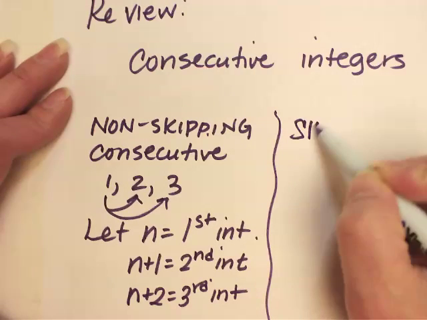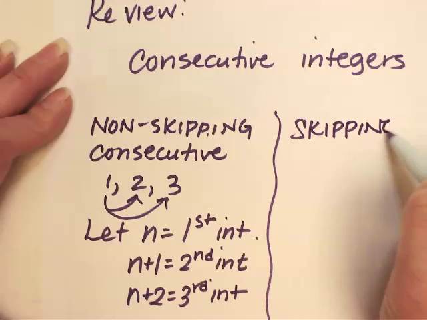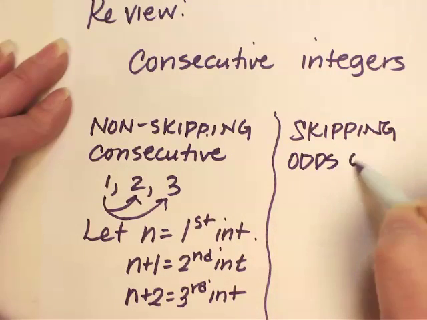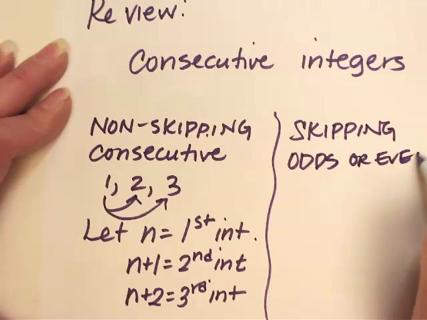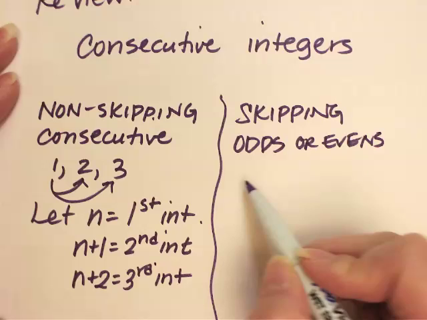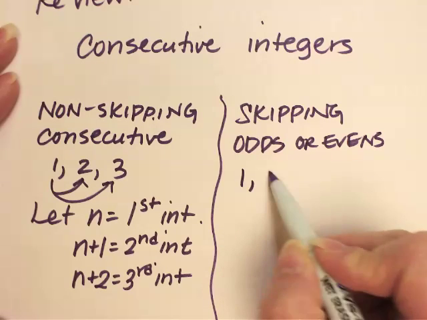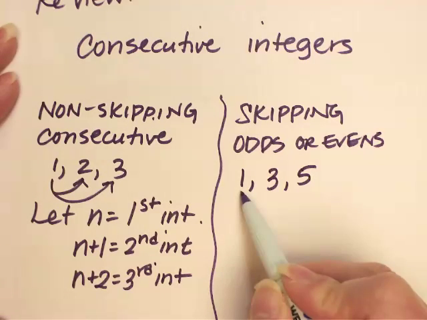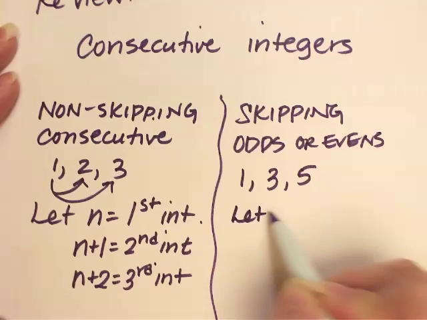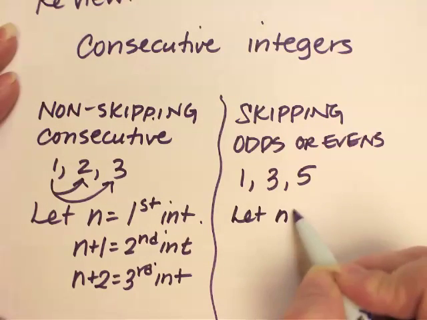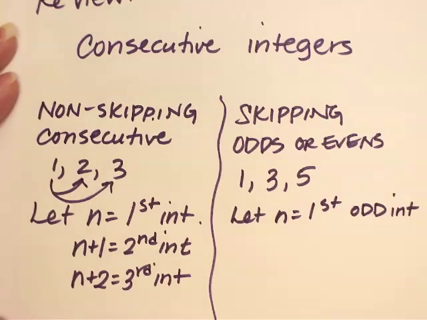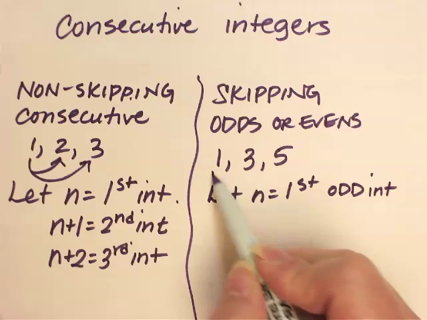Then we had our skipping type. Skipping was what we called the odds or evens, because they skip to get to the next number. For example, let's say odds 1, 3, 5. For me to get from 1 to 3, I have to skip over a number. So if I let n equal my first odd integer, what would I need to do to jump from 1 to 3?